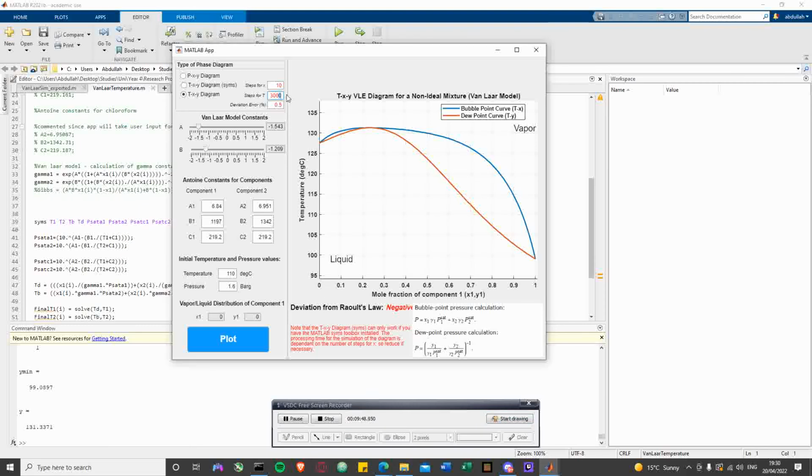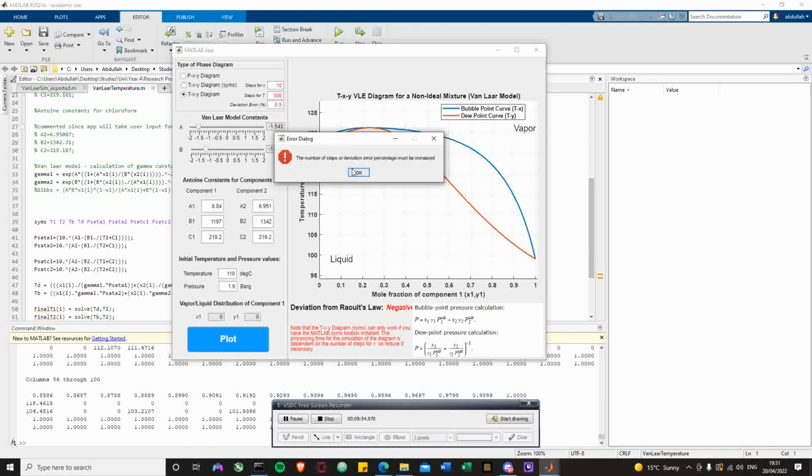However, if we reduce this, say we put only 300 different steps, we'll see the deviation error we have in here is not enough to find the correct p-value, because the t-value has to be very specific to make sure the system reaches 1.6 bar g.